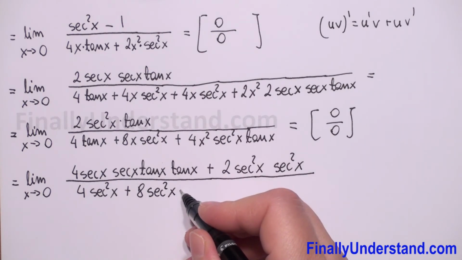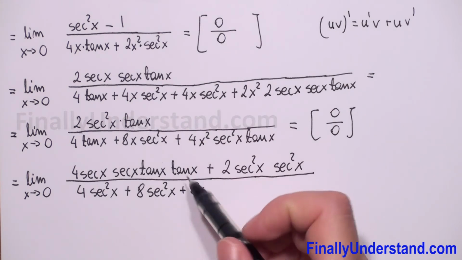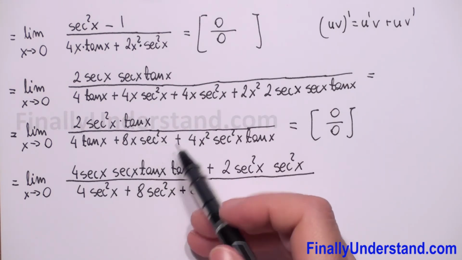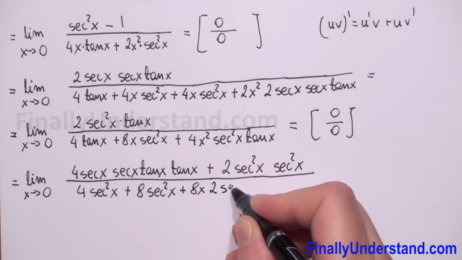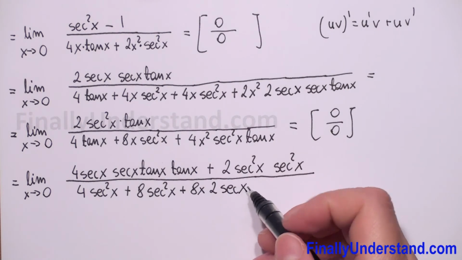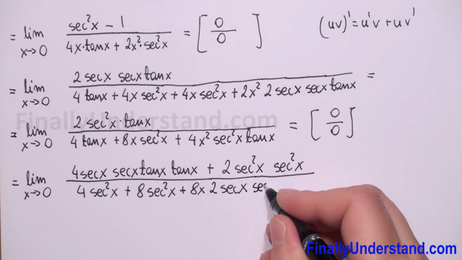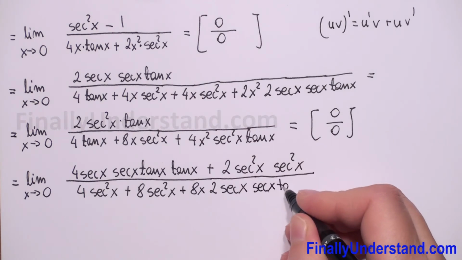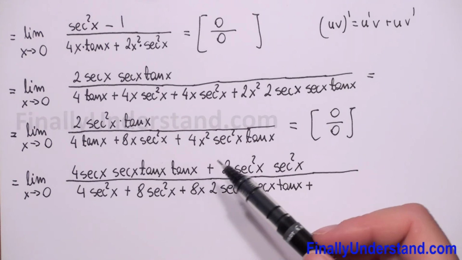Now we have to put plus and we copy 8x times derivative of secant square of x, so we have to take down 2, and we have secant of x to first power, you don't have to write now, and derivative of secant is secant of x times tangent of x. We have to use product rule.